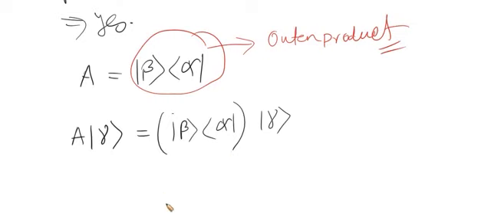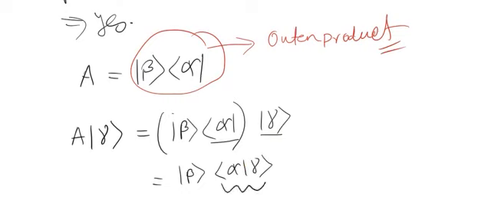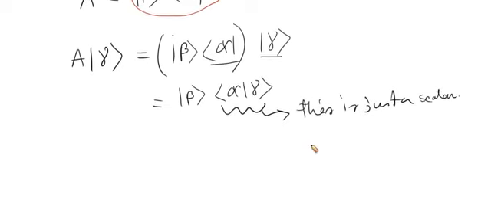Now here lies another important piece of our bracket algebra. This is a bra, this is a ket, so you can sandwich them. If you do that, this will be just alpha gamma and beta. And recall from the inner product that this is just a number, a scalar.